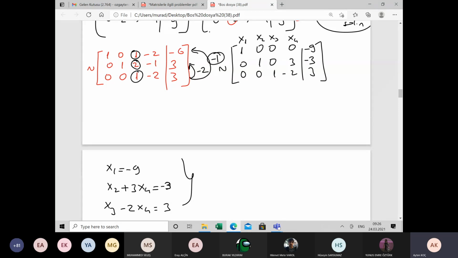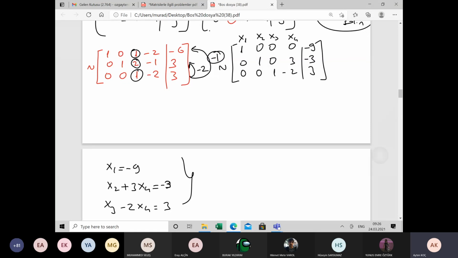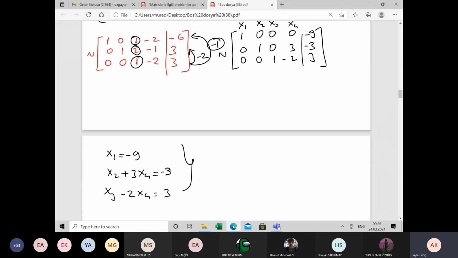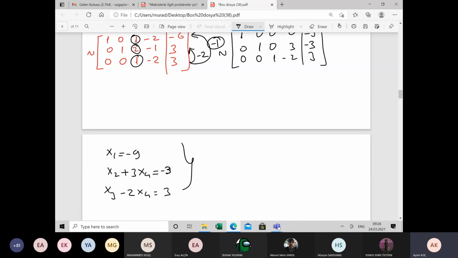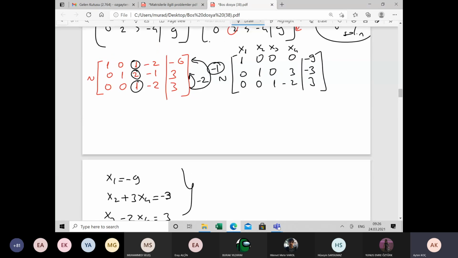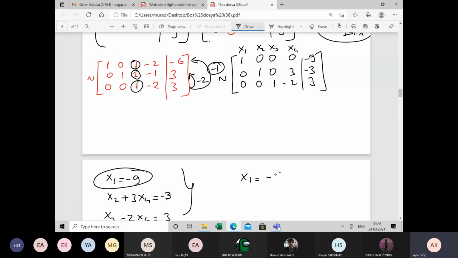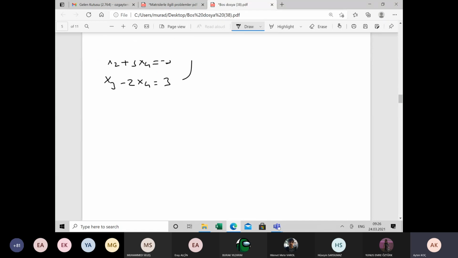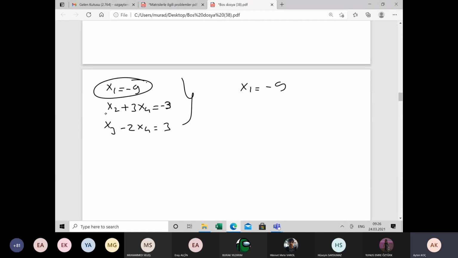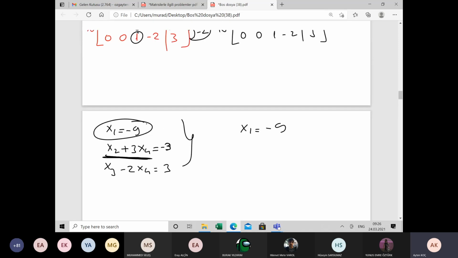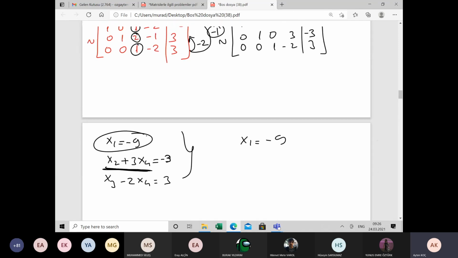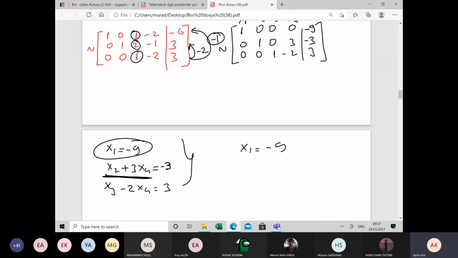How to solve this system? Solve for the unknowns. The first one, x1, is done. Here we have two unknowns, x2 and x4. Solve for one of them. Which one? Be careful, the critical point here is to look at the leading one.